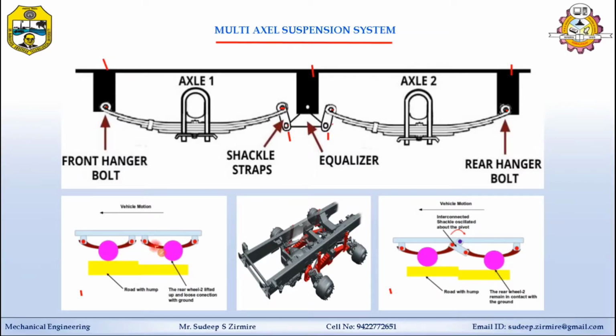But here it is not happening. The front wheel hits the bump and the rear wheel has less grip or no grip with the road. You can see this yellow color, there is a gap here, so it has no grip over the road.